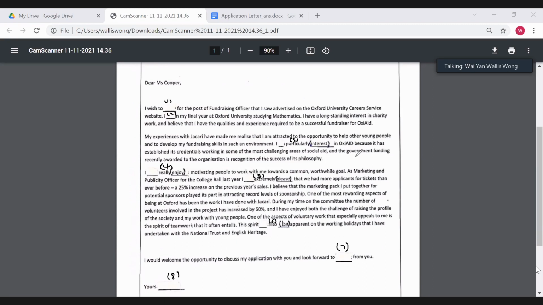Just press the raise hand button. Last 2 minutes.